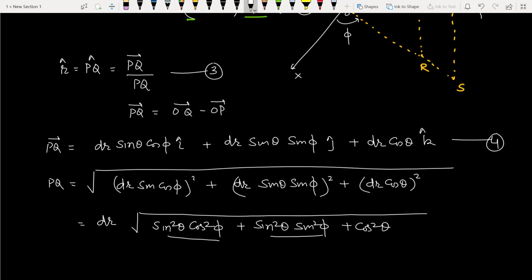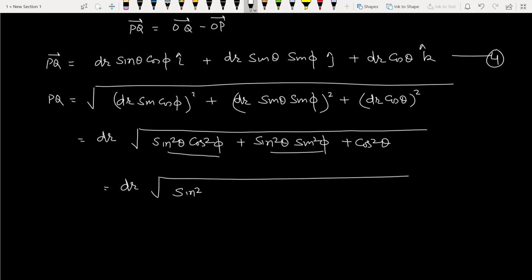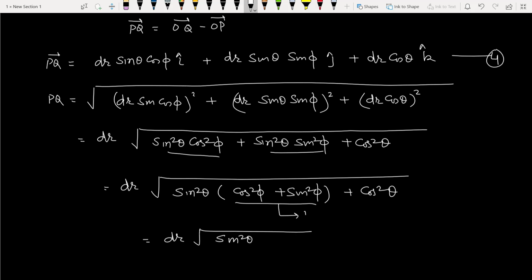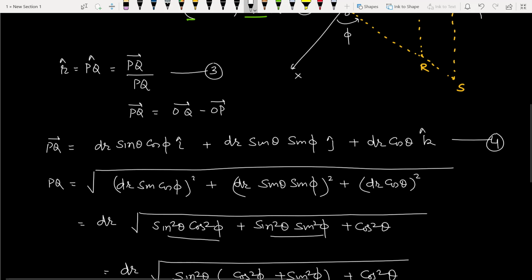In the first two terms you can take sin squared theta as common. What is inside is cos squared phi plus sin squared phi, and this again is 1. So sin squared theta into 1 plus cos squared theta is again 1. So it is dr.